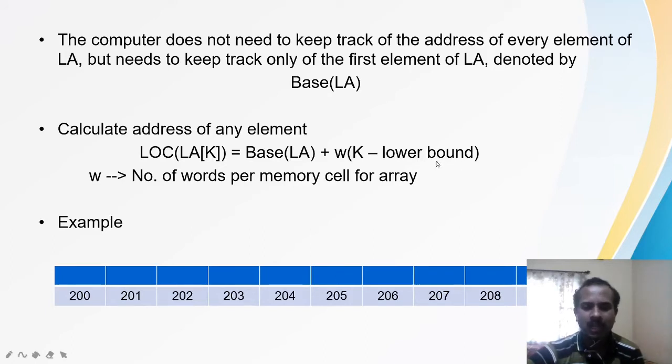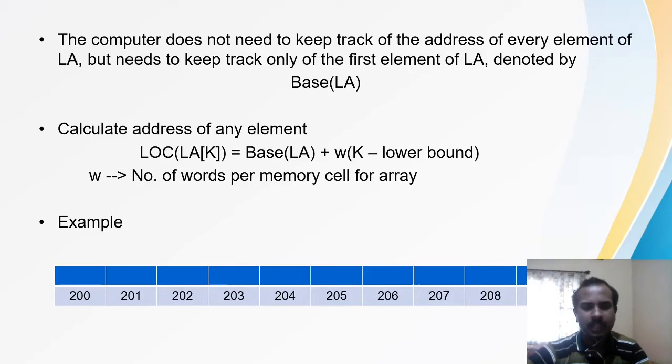Lower bound is the initial or the lowest index value. Upper bound is the highest index value that is present with you. As I already mentioned, W is the number of words per memory cell.